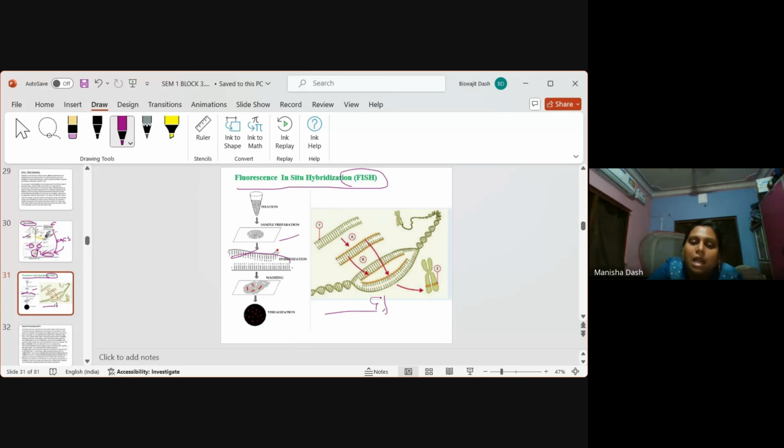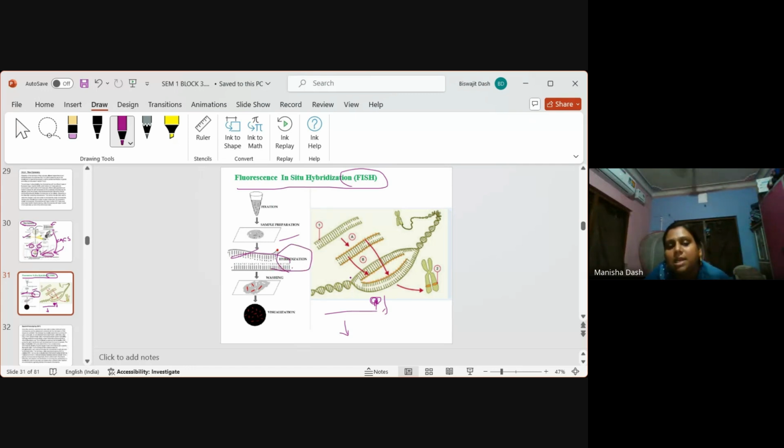You release it to bind with the sample chromosomes. This probe will go and try to find a complementary sequence present inside the chromosome. Wherever it finds the complementary sequence, the fluorescence-tagged probe will bind, and this process is called hybridization.